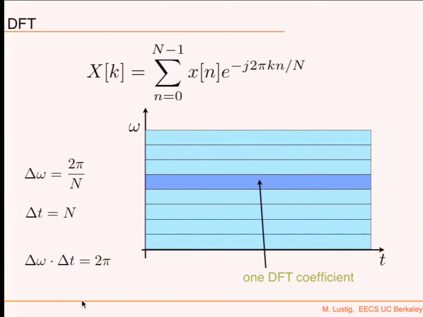So if I take a smaller window, I'm going to have more uncertainty in frequency. If I pick a larger window, I'm going to have more uncertainty in time, the opposite. Smaller window, better uncertainty in time, worse uncertainty in frequency, and the opposite. So in this case, I break the plane of time and frequency into these types of boxes. This is the DFT.